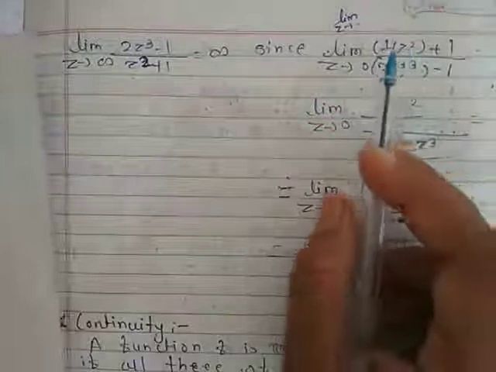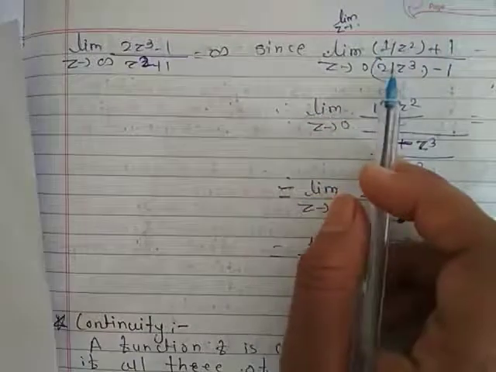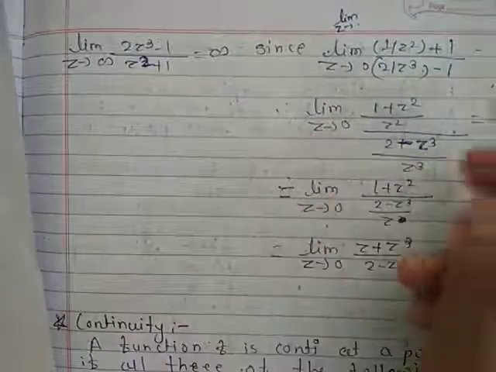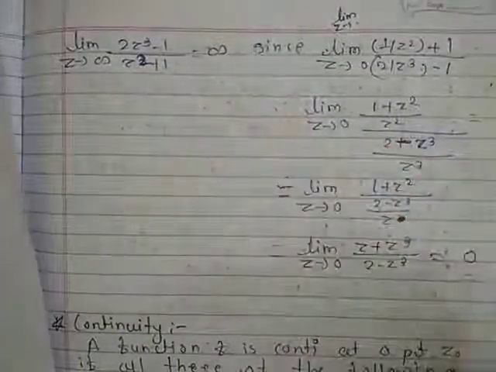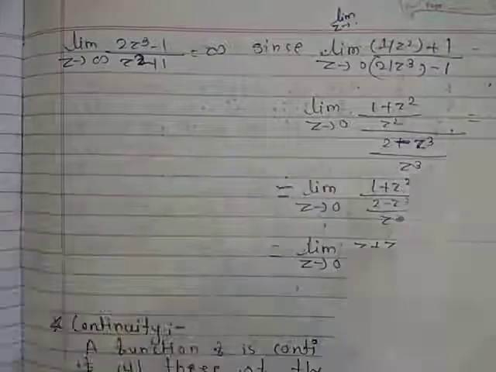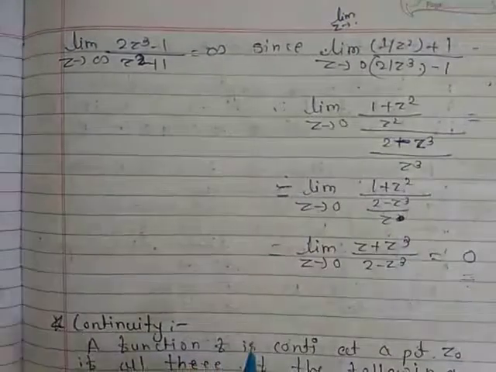So here we will take 1 upon f(1 by z). Simplify this, and you will get this limit equal to 0. Okay, we will stop here. Thank you.